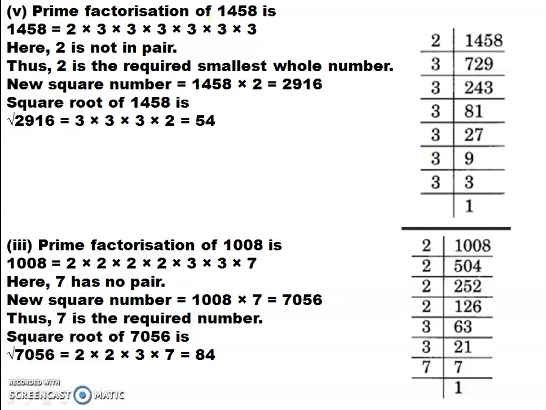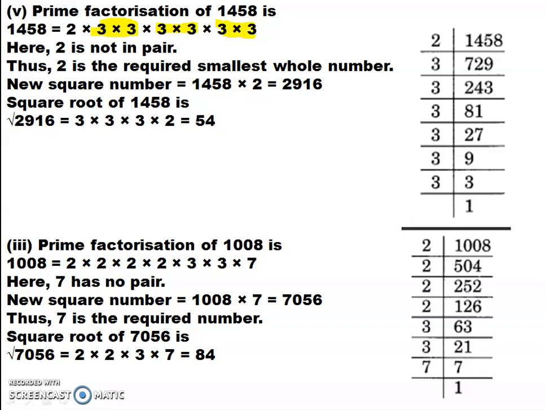Here you can see 3 is having a pair. The next 3 is also having a pair. The third set of 3 too. So which is not having a pair? 2 is not having a pair. So the smallest whole number to be multiplied is 2.